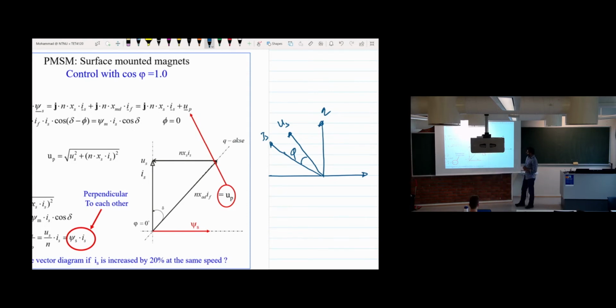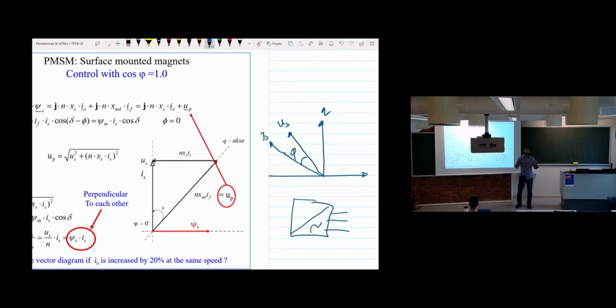So if we have the power factor 1, what is the advantage that we can see? Since we have the converter that is supplying the current to the machine, and this is the output of the converter here.